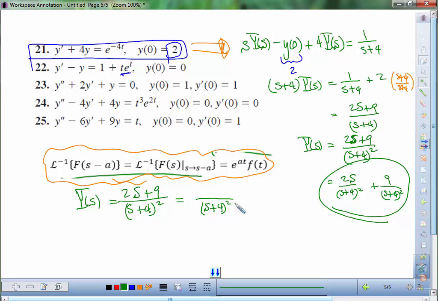The numerator is not s plus 4. So how can we make this numerator look like an s plus 4? Do you see my problem? I want everything to look like an s plus 4 so I can do the shift.